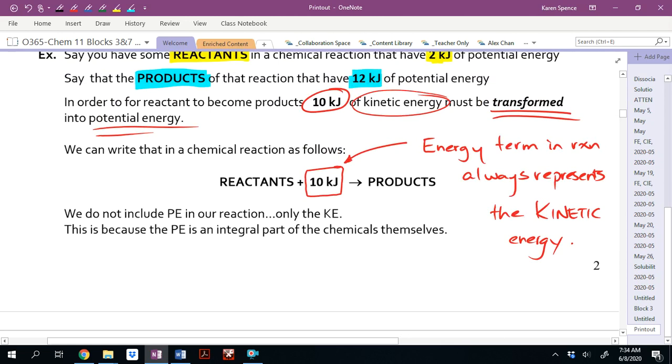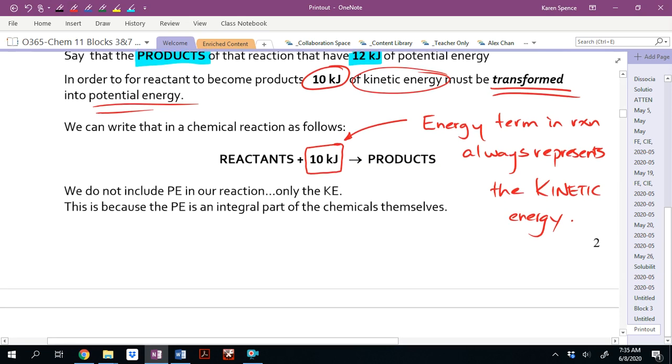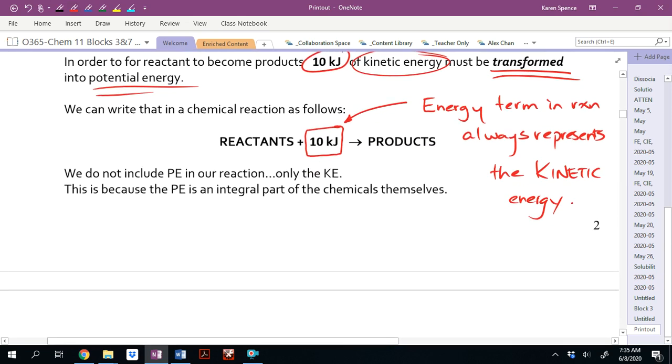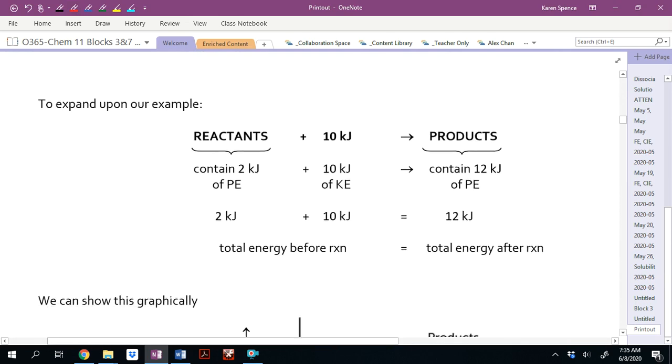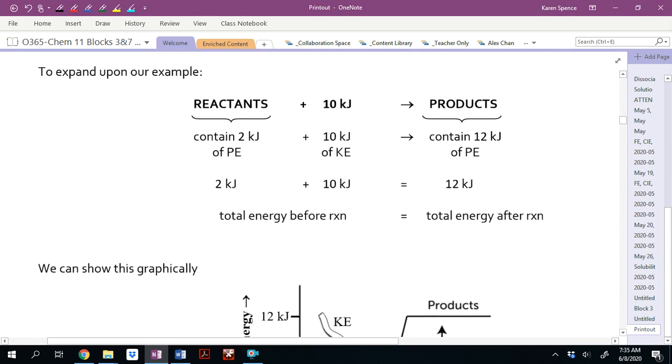So people always think, oh my gosh, I end up with more energy in the products than I had in the reactants. It gets confusing because the potential energy is hidden, because we don't actually write it. But here, we're going to write it. So we have our reactants, and they contain 2 kilojoules of potential energy.